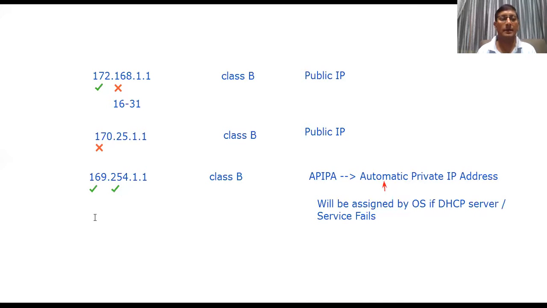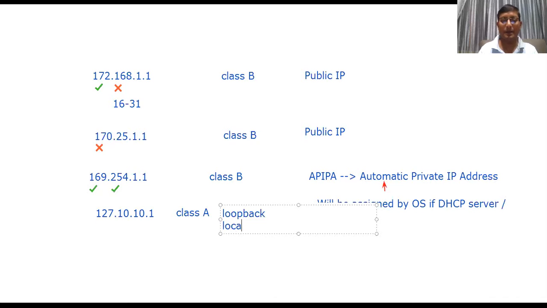Again, I am giving one more here: 127.10.10.1. What is this IP? Class A. This is a class A IP, but it is a loopback address. We have to call it a loopback IP, or localhost IP.